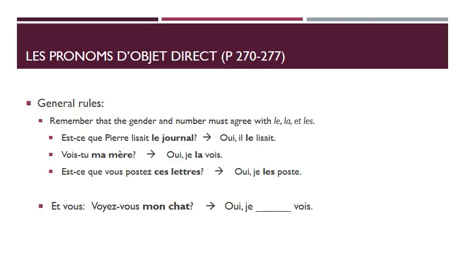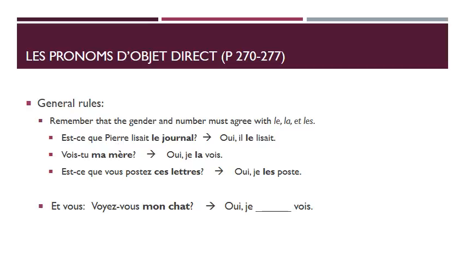Now, something very important to remember is that the gender and number must always agree when it comes to le, la, and les. Obviously, with me, te, it's kind of easy to figure out if there's only one person that you're talking about or if you're talking about like 3 people or a bunch of people and they're with you. So anyways, par exemple, est-ce que Pierre lisait le journal? So did Pierre read the journal?